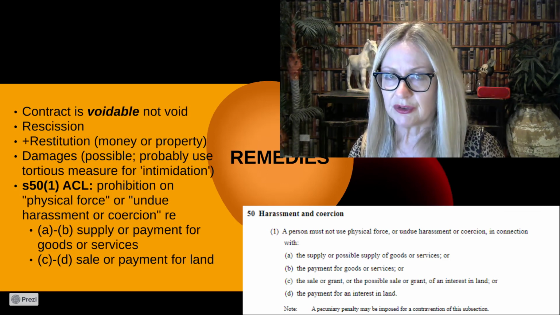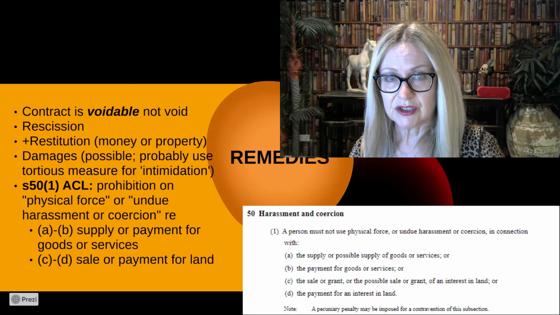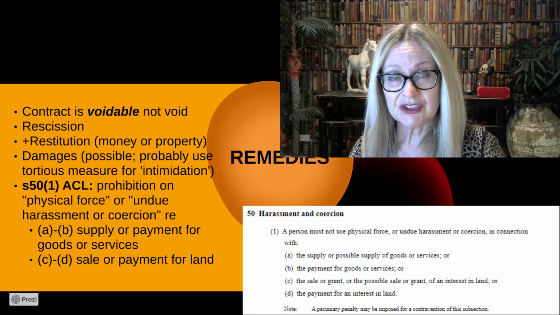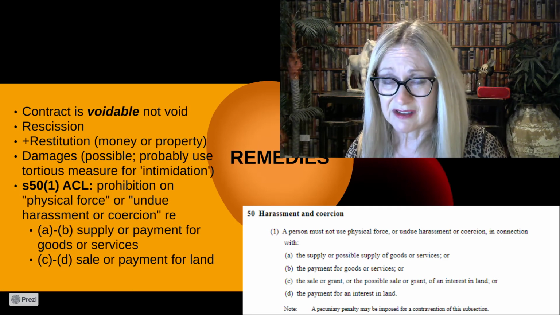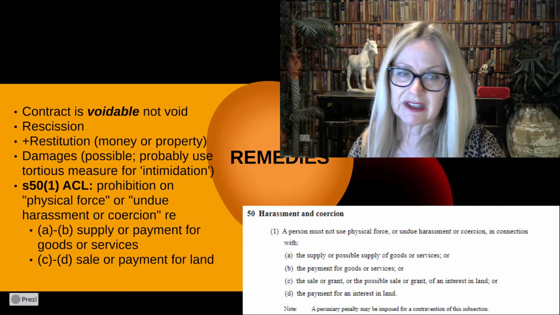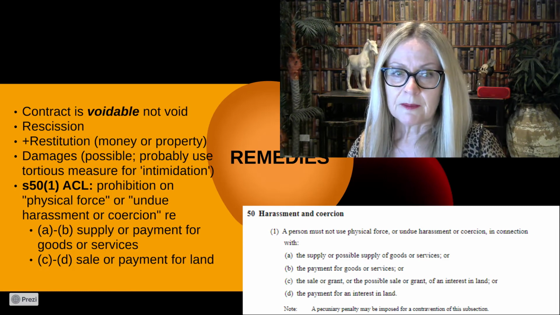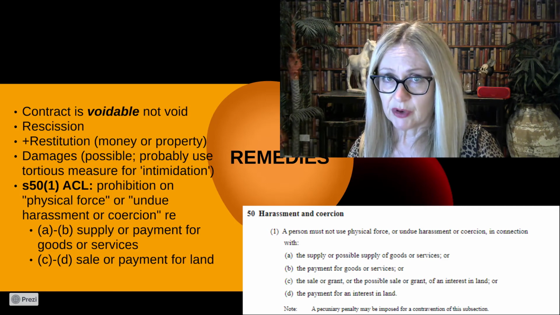You should also note that the Australian Consumer Law in section 50 sub 1 deals with a new statute, well, when I say new, since the Trade Practices Act was enacted, which then morphed into the Australian Consumer Law. We now have the statutory prohibition on harassment and coercion.